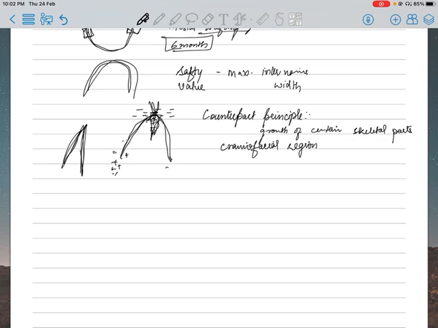So ramus, maxillary arch length, and definitely the nasomaxillary complex.